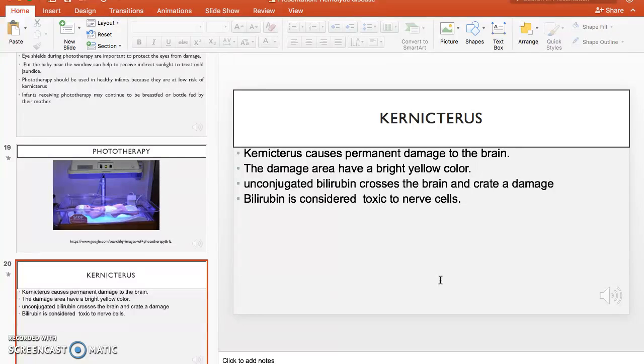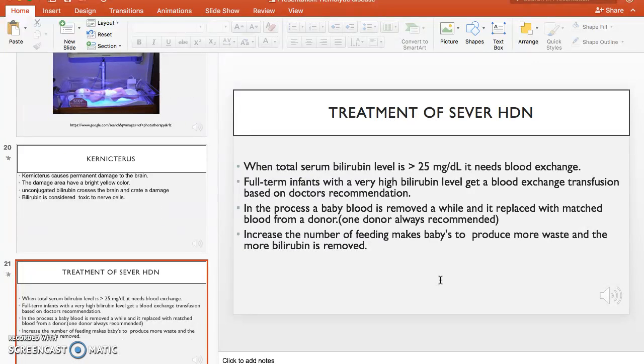Kernicterus is a situation that causes permanent damage to the brain when the bilirubin level is high, and if it is untreated on time, the damage is permanent. The damaged area has a bright yellow color. Unconjugated bilirubin crosses into the brain and creates the damage. Bilirubin is considered toxic to nerve cells.